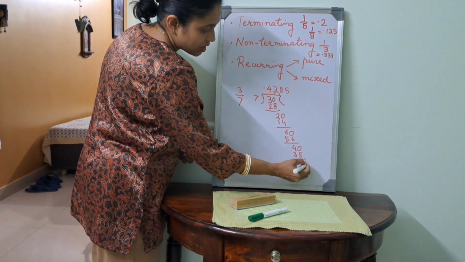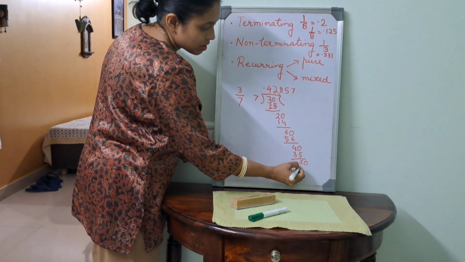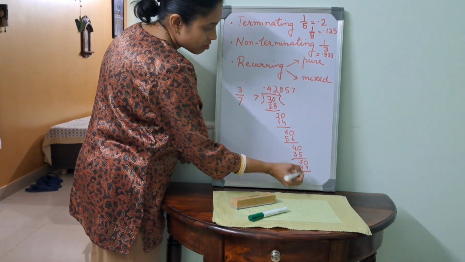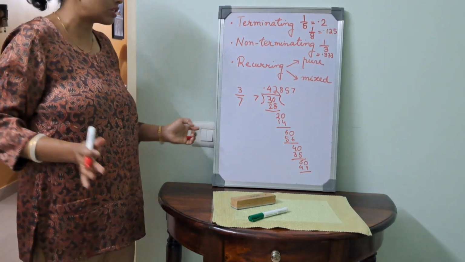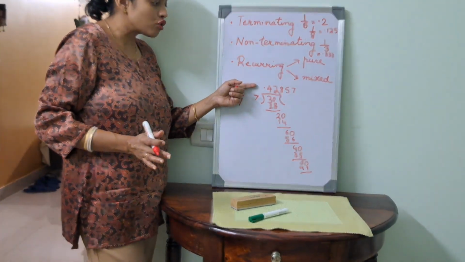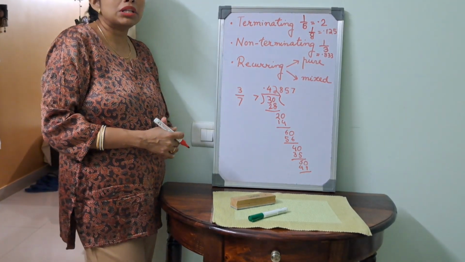Then again 5 and 0, it goes 7 times, 49. So see, it goes on continuously. So this is also a non-terminating decimal number.